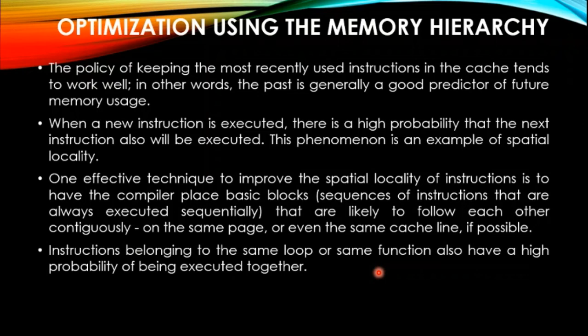So first of all, we check based on the past: the frequently used instructions can be copied into cache memory. The second one is that we can identify at the time of compilation how much memory is required to complete that program's execution.